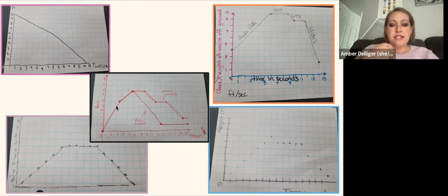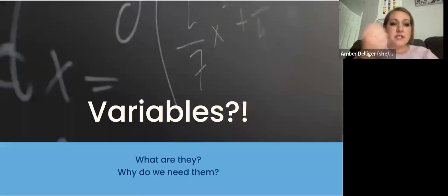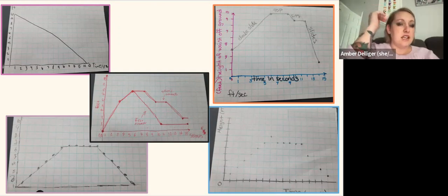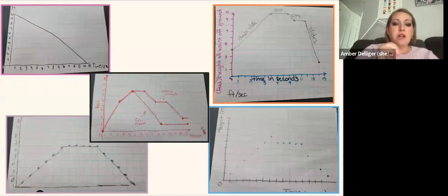What's really amazing about that top right graph is that we were able to then talk about slope. We talked about how he climbs the stairs at a constant rate, but that constant rate is different from the constant rate he goes down the slide. In the middle graph, the student drew their first graph.